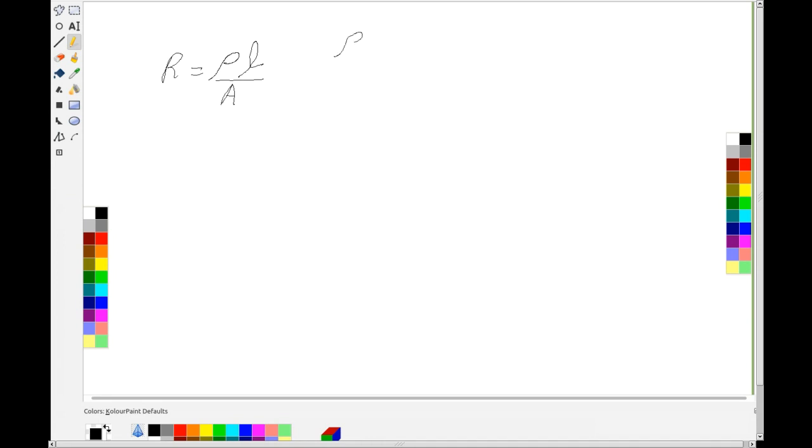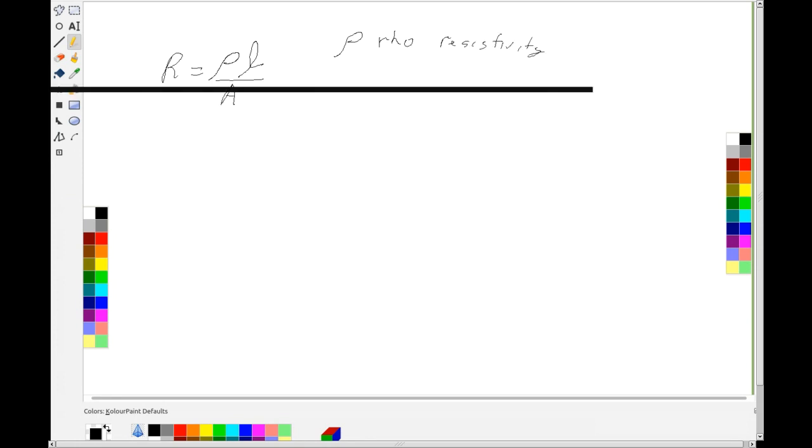This is the Greek letter rho here, and this is what they refer to as the resistivity. The resistivity is due to the makeup of the material.